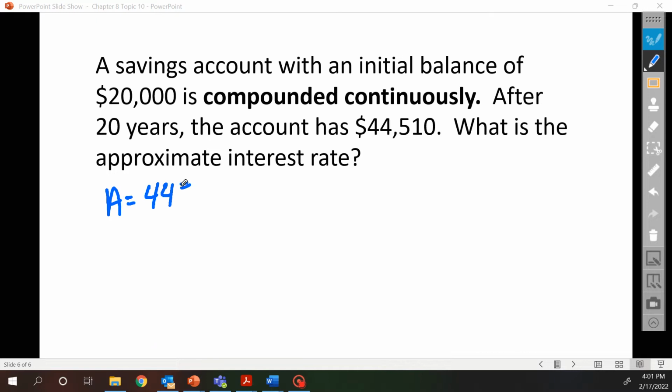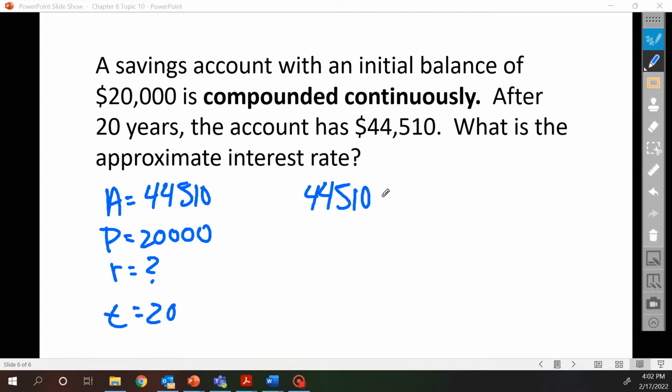Final amount is $44,510. The initial amount is $20,000. The rate is unknown to us, and the time period is 20 years. So our formula: 44,510 is equal to the initial amount multiplied by e to the RT, so R times 20, which is 20R.